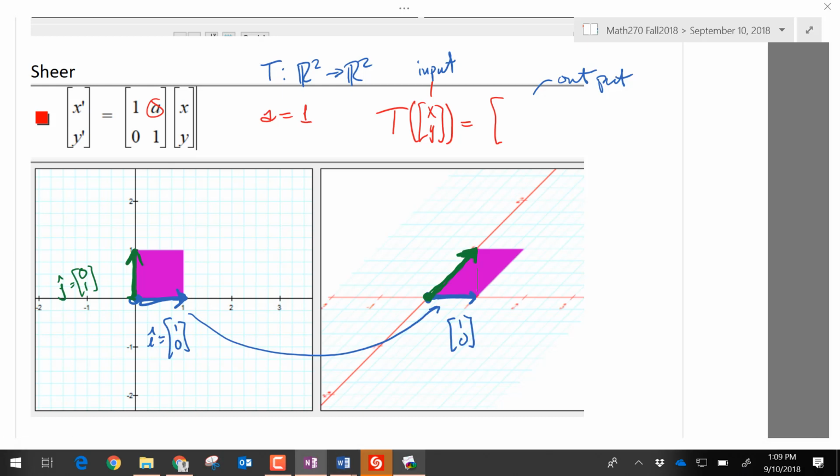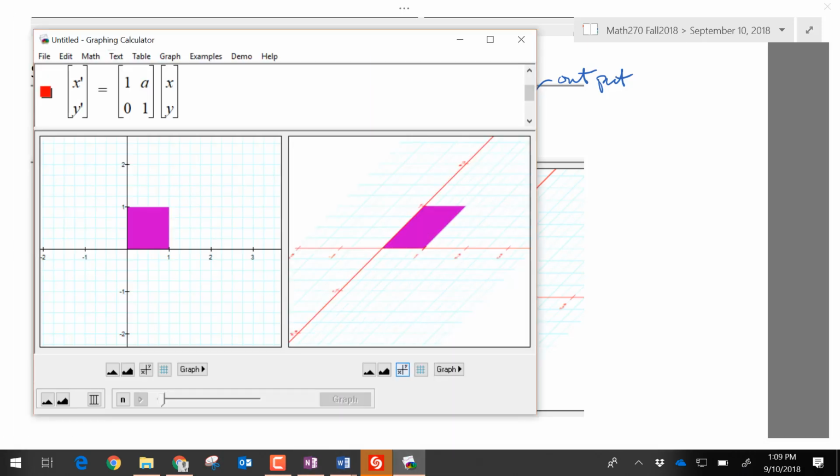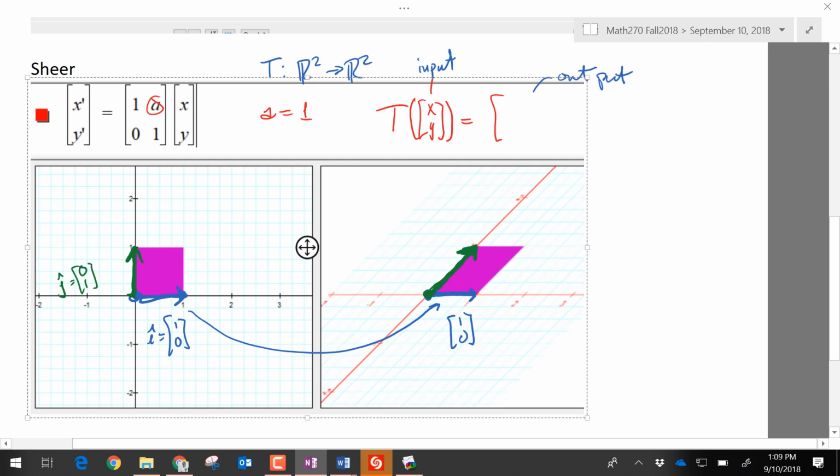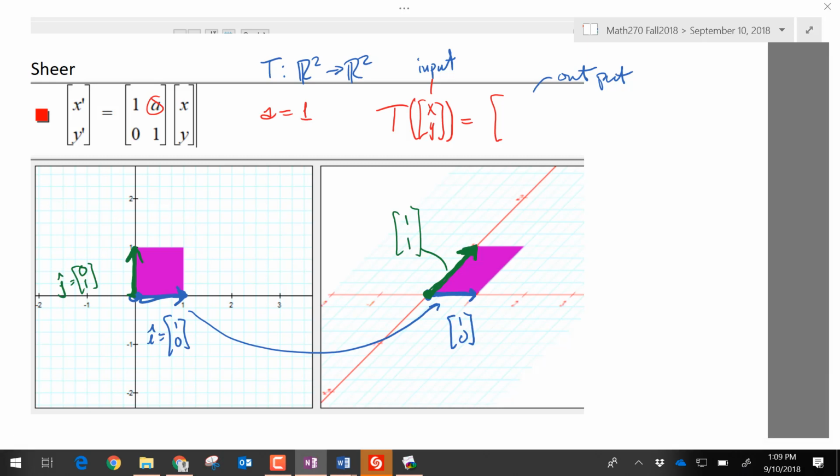And if we take a look at that, I should have put the x and y axis back. If I put the x and y axis back, it looks like it's going to have a positive 1 and a positive 1 value, right? So it looks like it may have moved to positive 1, positive 1. So let's just put that and say our j vector actually moved to another vector, 1, 1. I guess depending on what a is.